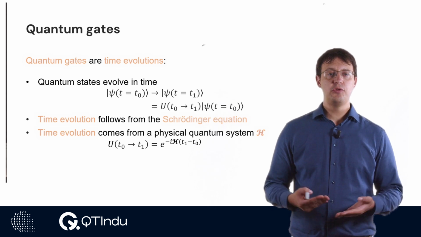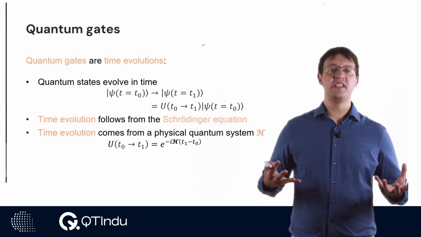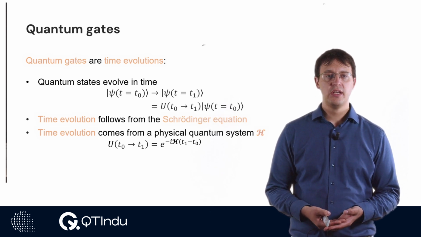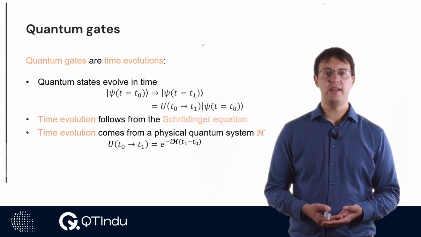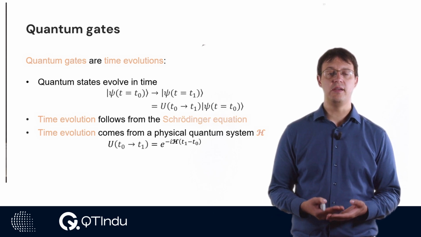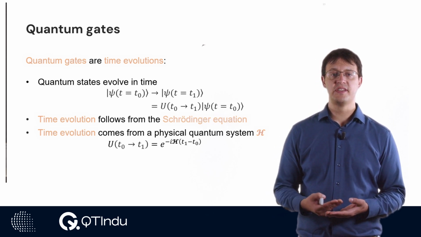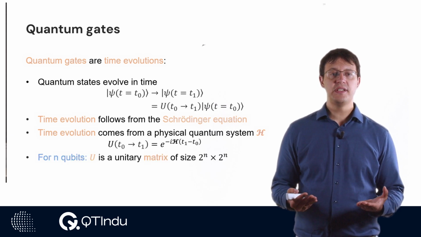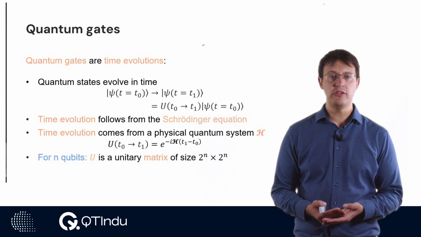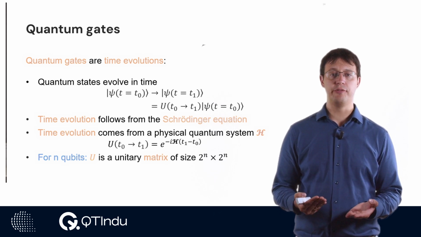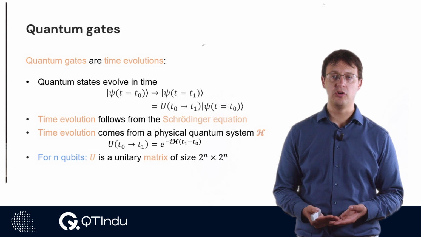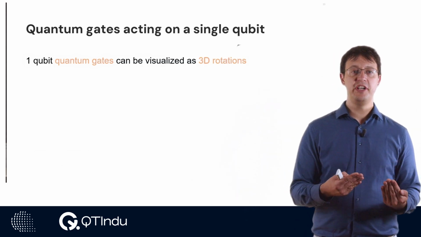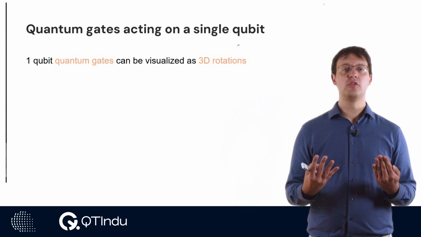The time evolution originates from the physical system behind and is described by a quantity called H. The unitary operation can then be represented as a matrix exponential of this operator H. Now, for n qubits, U is a unitary matrix of size 2 to the power of n times 2 to the power of n.